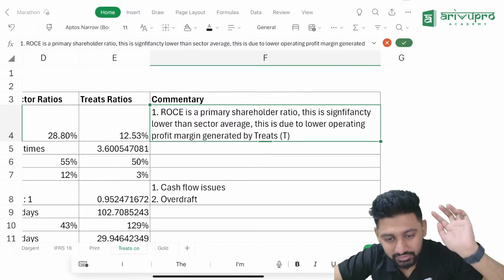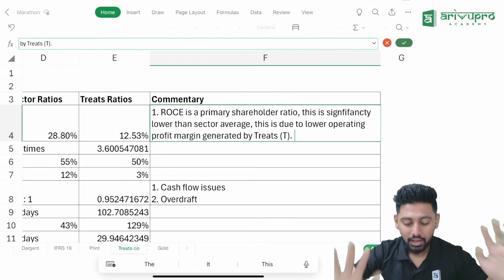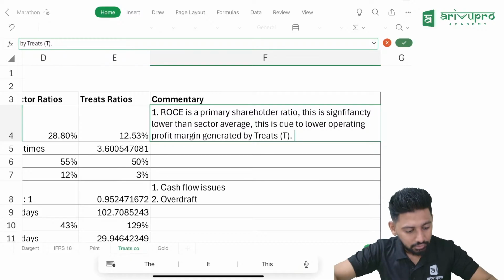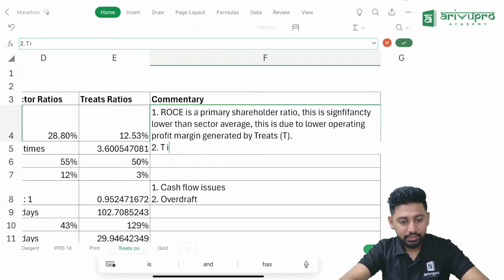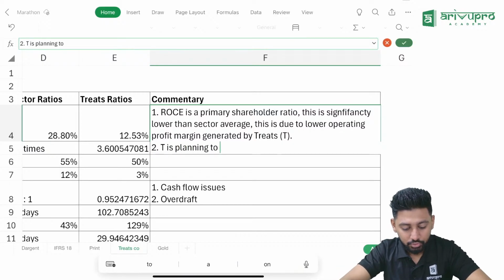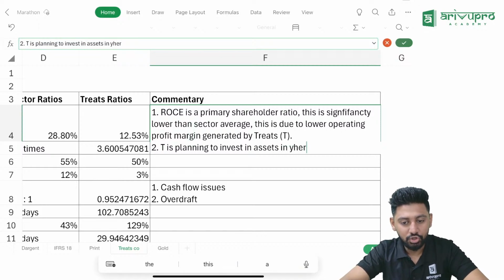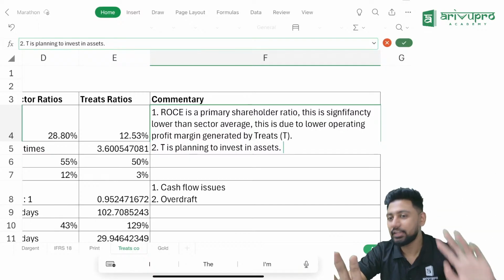Now that I'm done with this, I can talk about my second point. What is my second point? I told you we are planning to invest in assets in the short run. Correct. Now we can say number 2. T is planning to invest in assets in the short run, because they are looking at replacement.